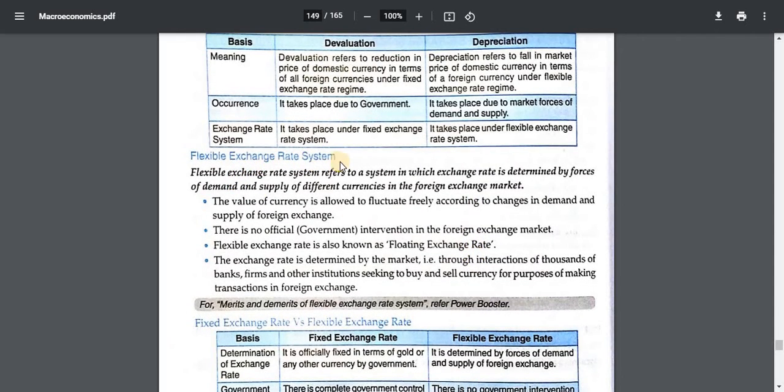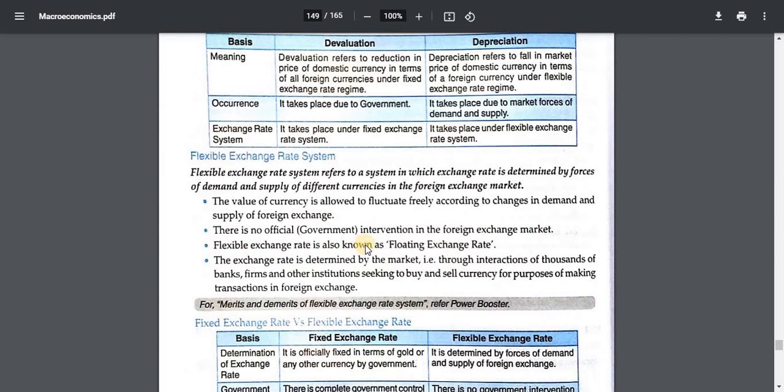Flexible exchange rate system. A flexible exchange rate system refers to a system in which the exchange rate is determined by forces of demand and supply of different currencies in the foreign exchange market. The value of currency is allowed to fluctuate freely according to changes in demand and supply of foreign exchange. There is no official government intervention in the foreign exchange market.